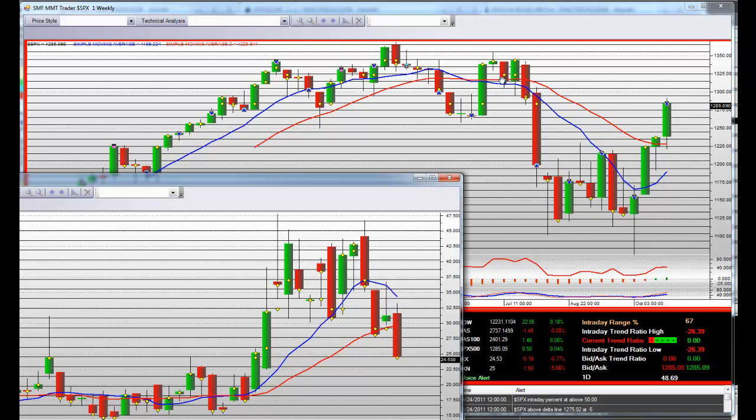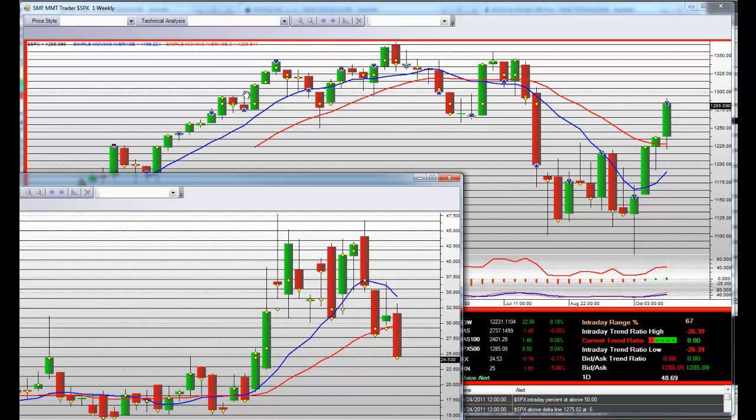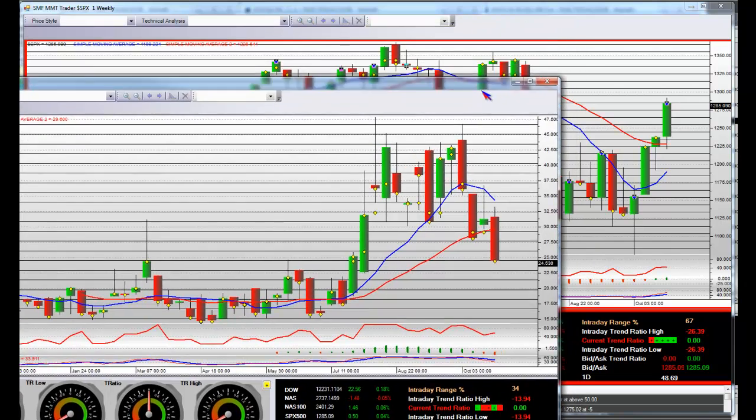So we can break. We're going to be looking at what happens up here at these diamonds. We got to get past this diamond and all of these diamonds that are right across here. We got to cover these right here. We got to close above these two right here on a weekly level. All right? And in order for that to happen, then that means in the fear indicator over here, we're going to come down. And the more we come down, the higher end that we go to resistance over here on the S&P.